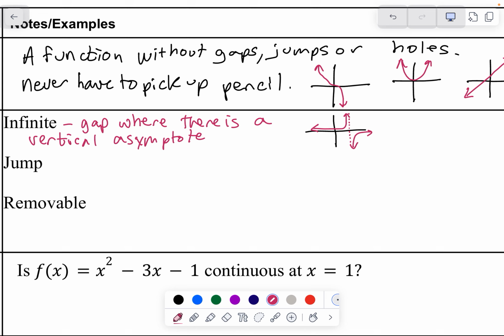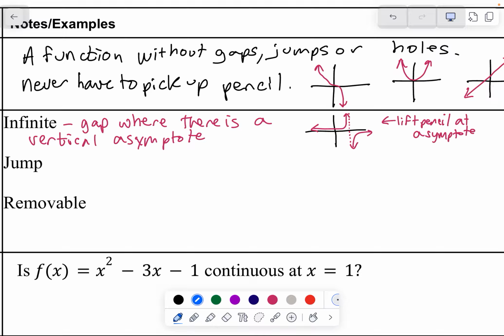So this gap, if I were drawing with my pencil, in order for me to get to this piece over here, I had to lift my pencil at the asymptote. Now this occurs very often in a fractional function where the denominator equals 0. That's your first type of discontinuity.